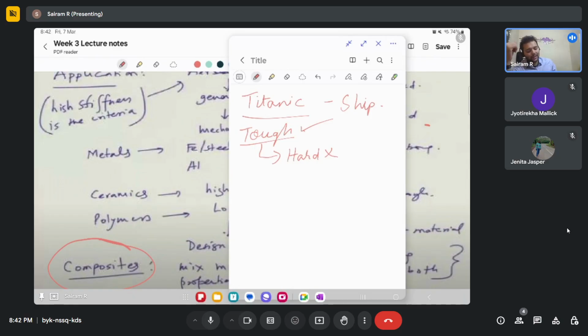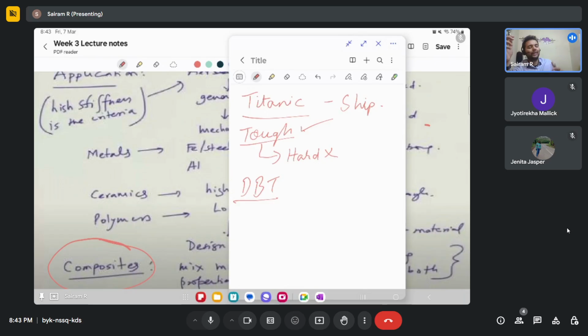But in the case of Titanic, because of some property of the material that was used, which I had termed DBTT, ductile to brittle transition, which happened in that case. Steel, as we know, we can bend steel, we can make it into plates and different shapes, which shows the ductility of steel. But in that particular case, because the steel was traveling in sub-zero water temperatures in the Atlantic, it underwent ductile to brittle transition, where the ductile steel became extremely brittle.